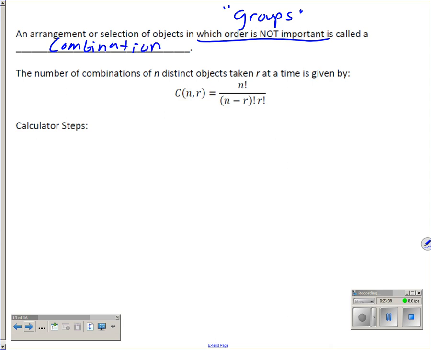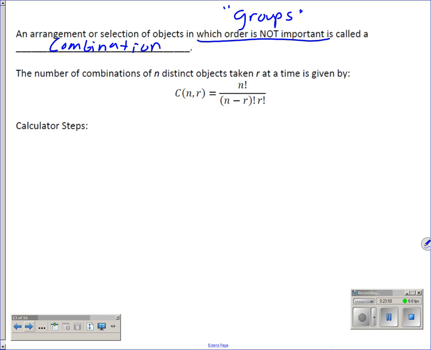Let me give you an example. I go to an ice cream store. They've got 15 flavors of ice cream.